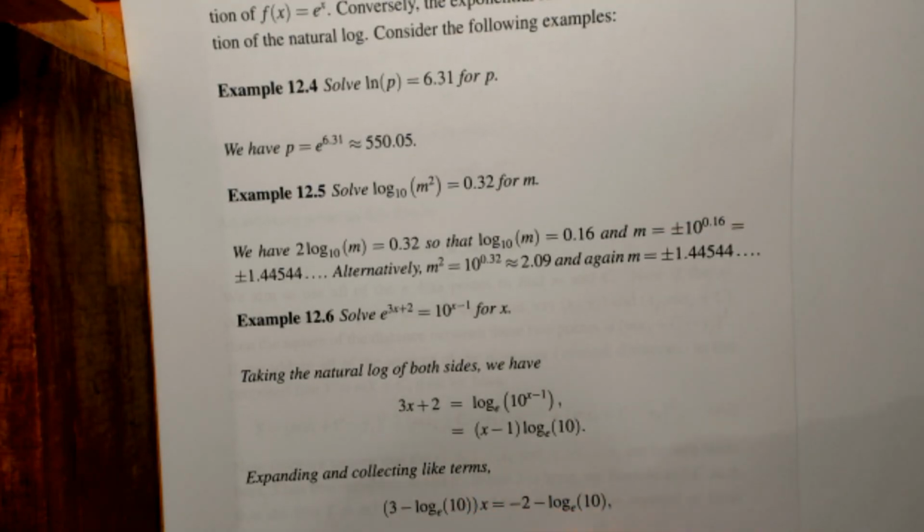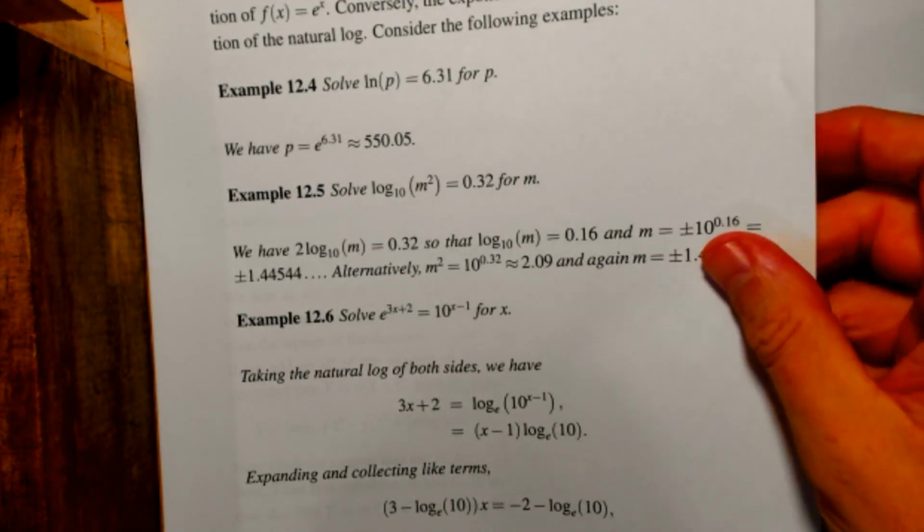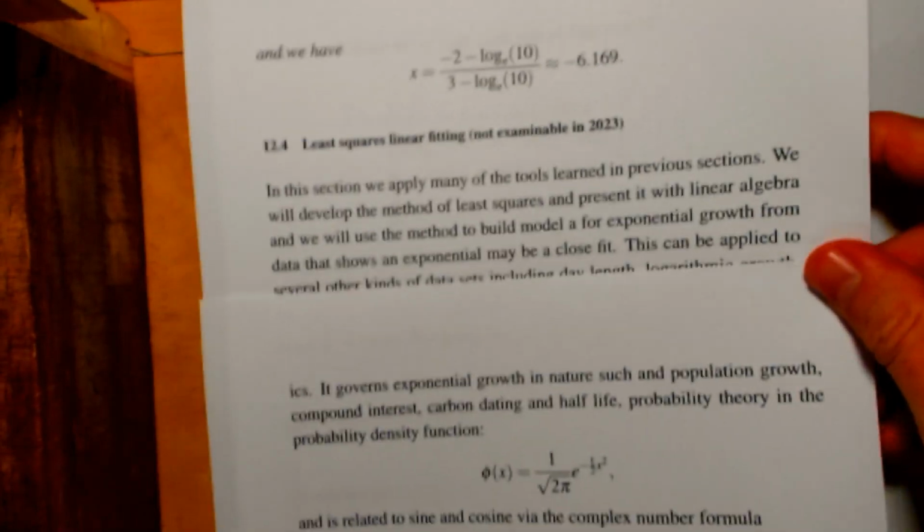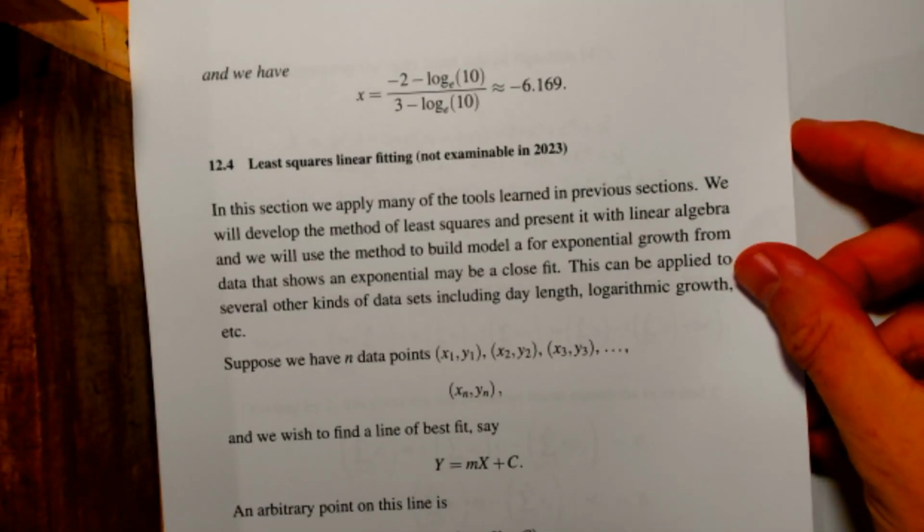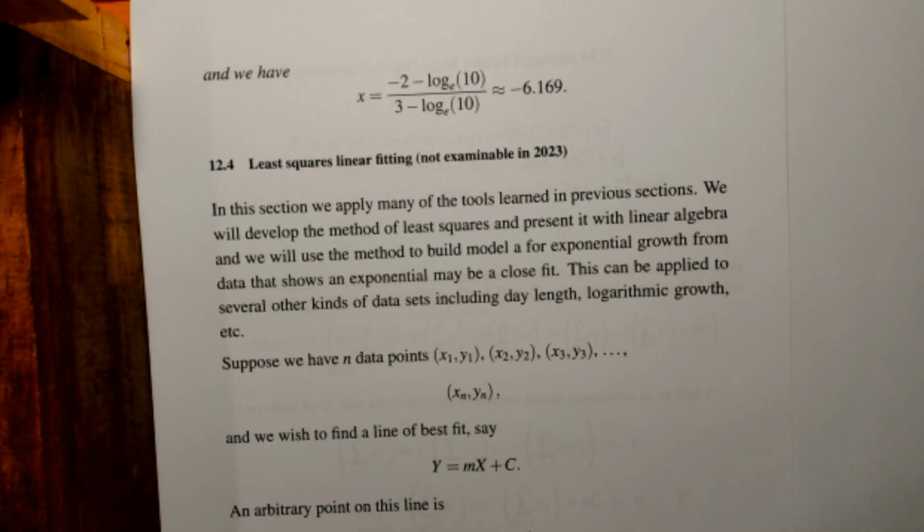And then you divide by this and you have your solution for x. So x is equal to minus 2 minus natural log of 10 all over 3 minus natural log of 10, and this is approximately minus 6.169. So that's fairly straightforward.